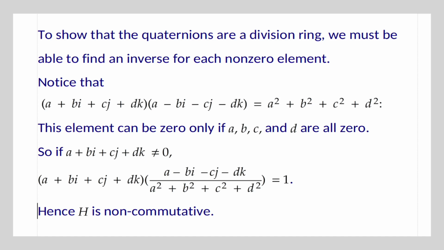These elements can be 0 only if a, b, c and d are all 0. So, if a plus bi plus cj plus dk is not equal to 0, then (a plus bi plus cj plus dk) times (a minus bi minus cj minus dk) divided by (a square plus b square plus c square plus d square) equal to 1. Hence, H is non-commutative.